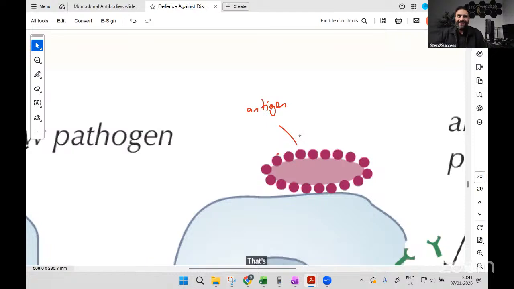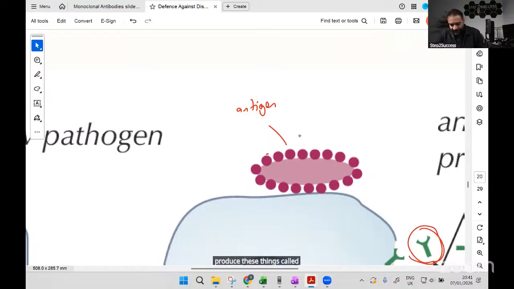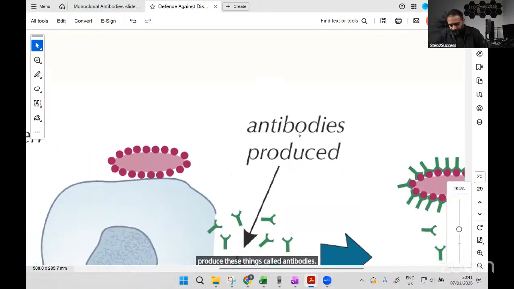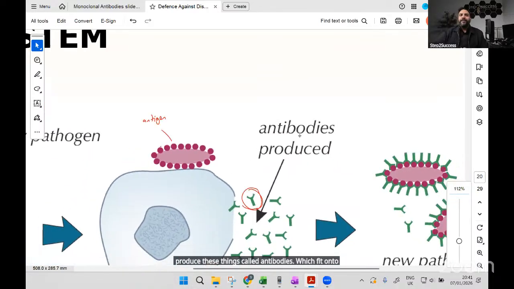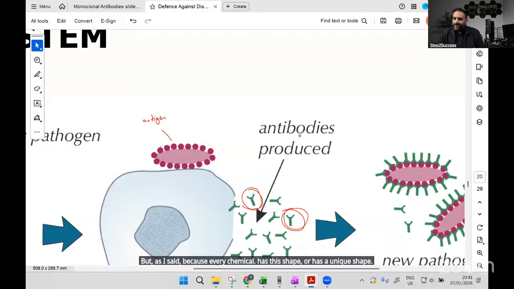Everything has an antigen. And so in your body, when you get ill, your white blood cells produce these things called antibodies, which fit onto that particular shape for the virus or bacteria that it might be. But as I said, because every chemical has a unique shape, we can find an antibody to fit that.